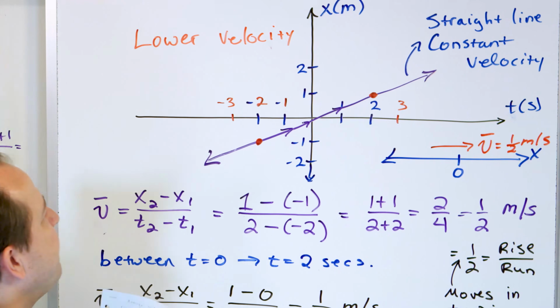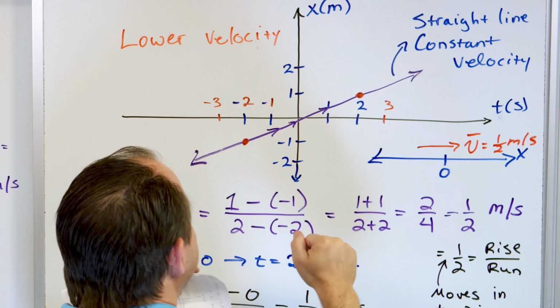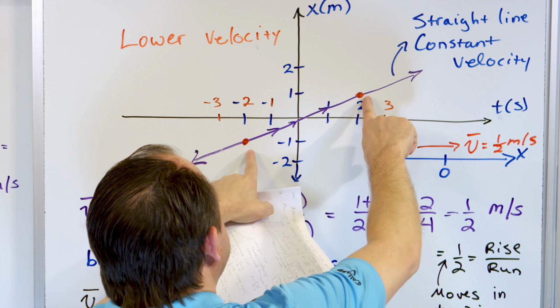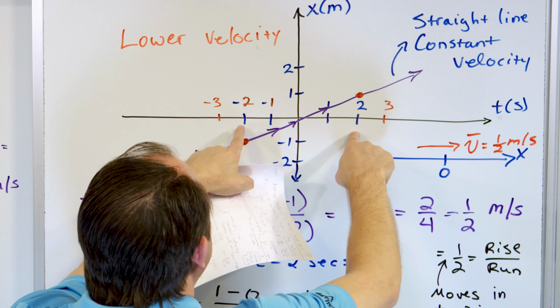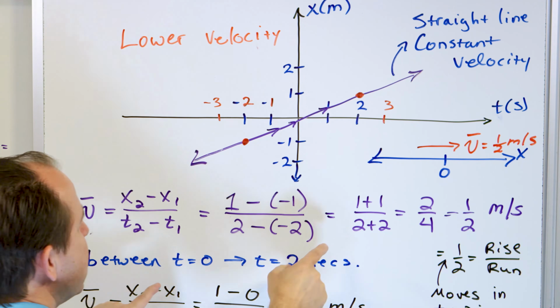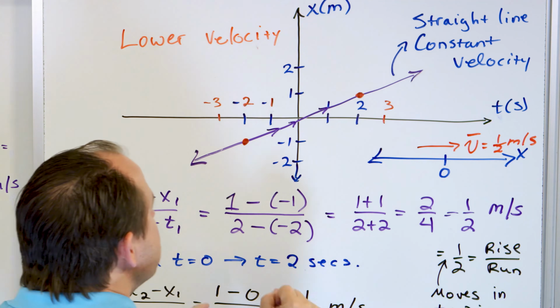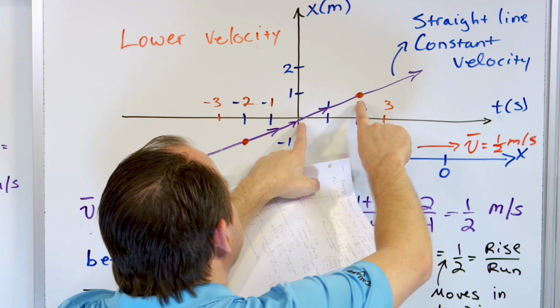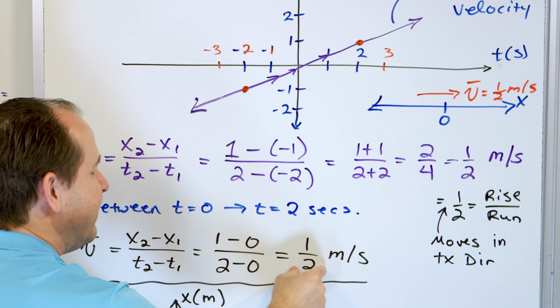And then we said, what happens if you end up with a position time graph that's slanted? Well, if you calculate the velocity between these 2 points, at time equal to 2 and time equal to -2, then we get a velocity of 1/2 meters per second. But if we calculate the velocity based on 2 different points on exactly the same line, we again get the same exact thing.